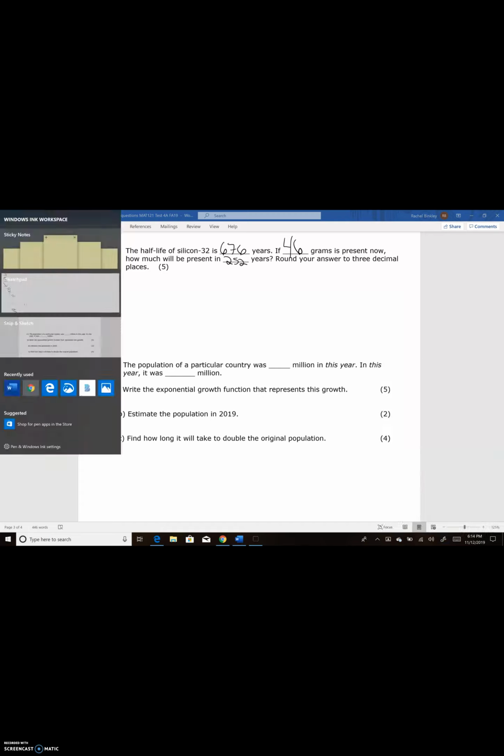And the amount we start with is 46 grams present, and 252 is the other number. So 46 grams present is what we're going to change this to be.